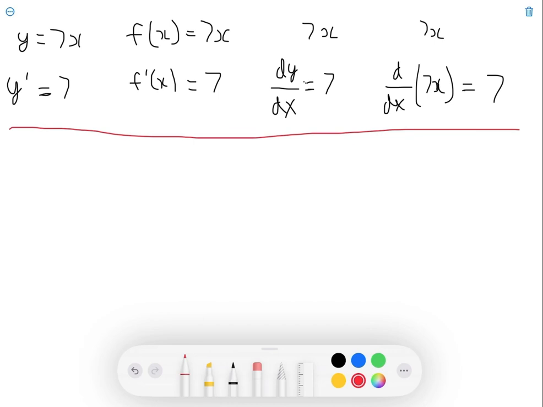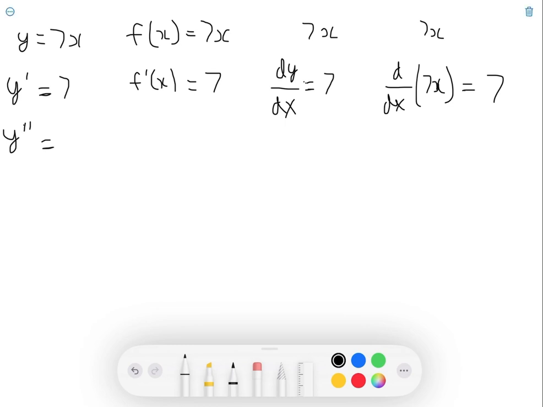We can also take the second derivative of functions. And what that means is we're just going to take the derivative of the derivative that we already had. And the notation for that will be pretty similar to the notation for the first derivative. So I'll go ahead and introduce that as well in this video. For the second derivative of y, we can write that as y double prime, which is 2 little dashes over the y.